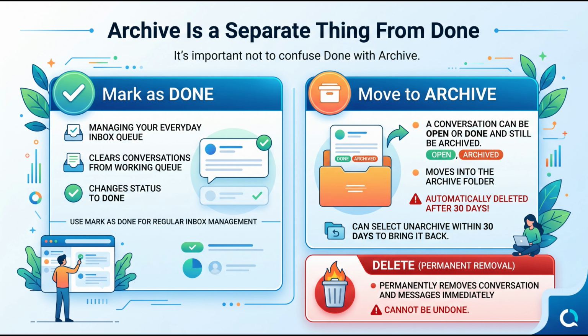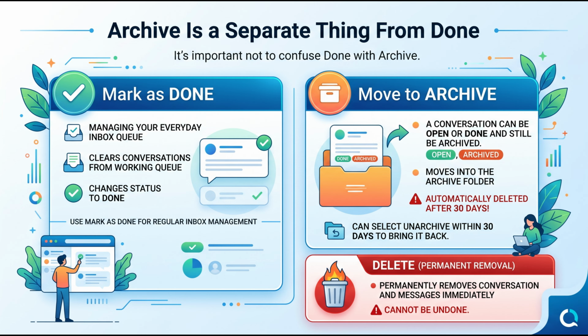Archive is a separate thing from done. It's important not to confuse done with archive. Marking a conversation as done is for managing your everyday inbox queue. Archiving is separate. A conversation can be open or done and still be archived. When you archive a conversation, it moves into the archive folder. Archived conversations are automatically deleted after 30 days.